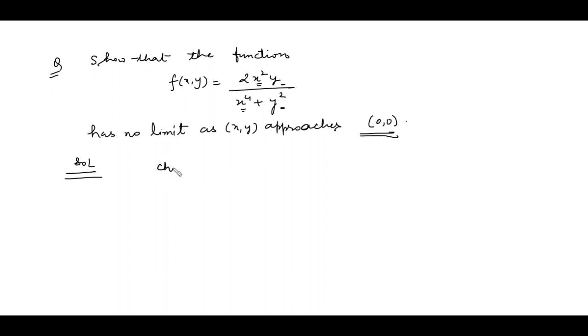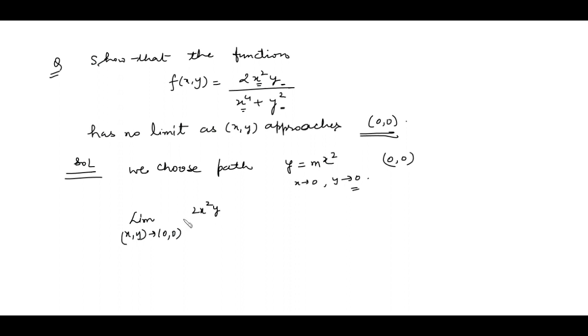So if we choose the path y is equal to mx square, clearly this path passes through 0, 0. When you put x to 0, your y is also tending to 0. So this path passes through 0, 0. If we choose this path and find out the limit as xy approaches 0, 0 of this function, this will be converted into a single variable x tending to 0 by substituting this.